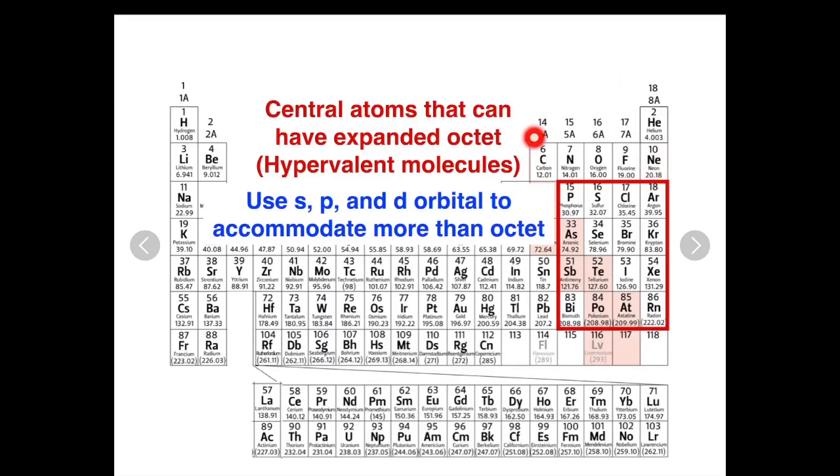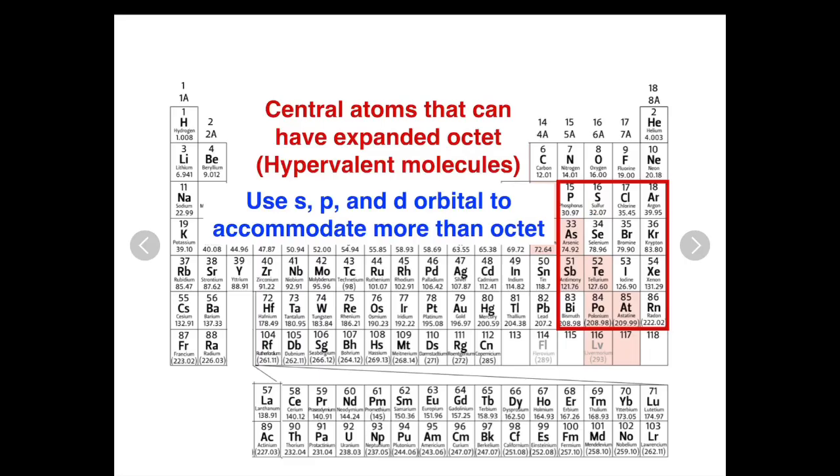They don't contain d orbitals, but when n equals 3, that's when the quantum number allows us to have the d subshell. So that means the elements in the 3rd row and beyond can actually use their d orbital to accommodate more than 8 electrons.